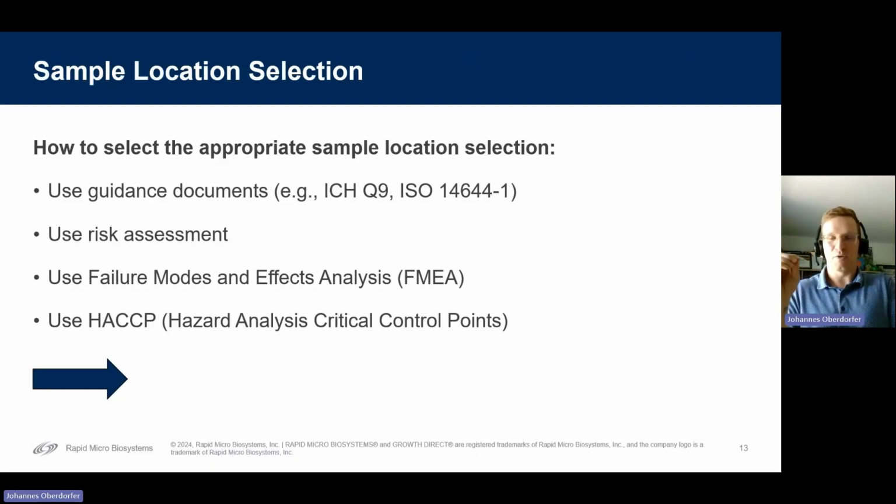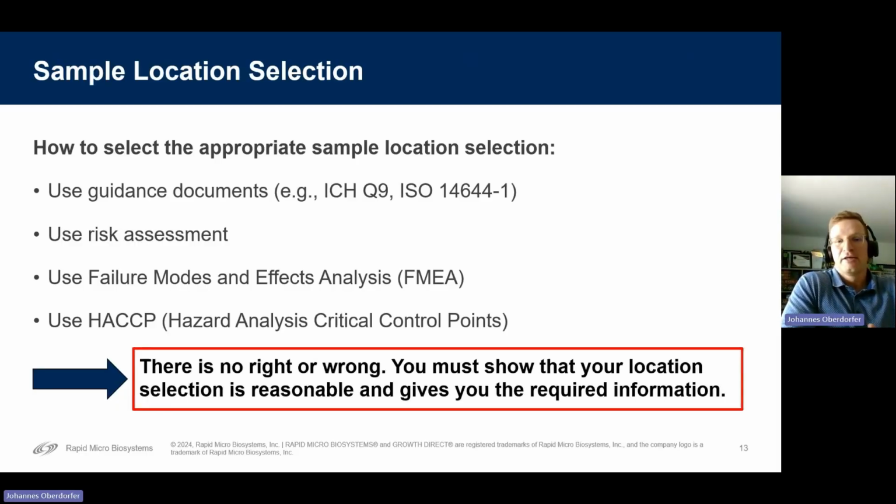And this is the second important part, that we need to have a conclusion and not only focus on the risk. Okay, now we defined the risk, but what do we do with the risk and with these outcomes? Generally, there's no right or wrong. At the end, you have to justify and show that your selection was reasonable and gives you the required information, with the part of the risk assessment that I explained.